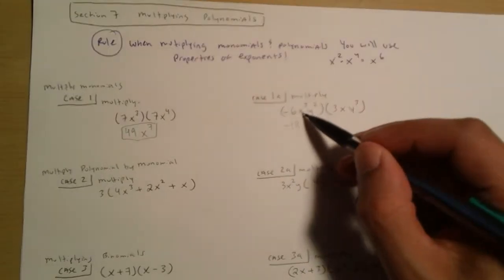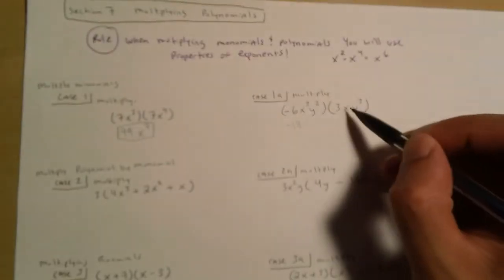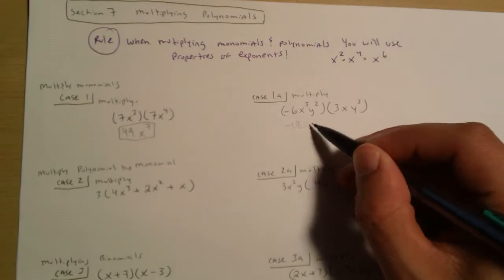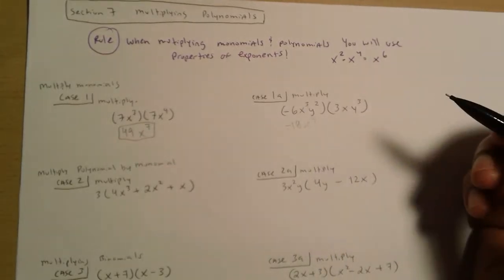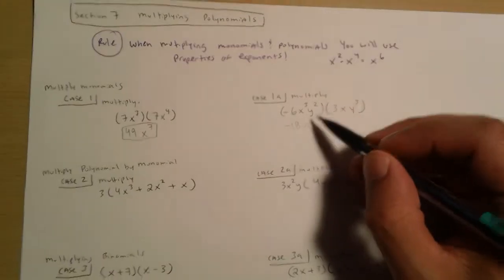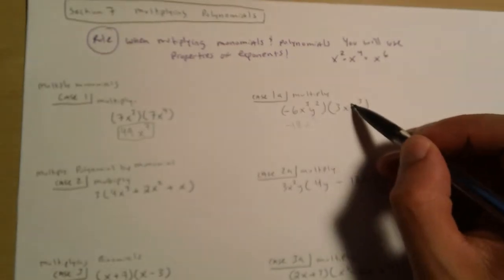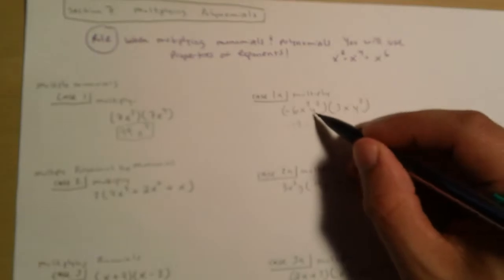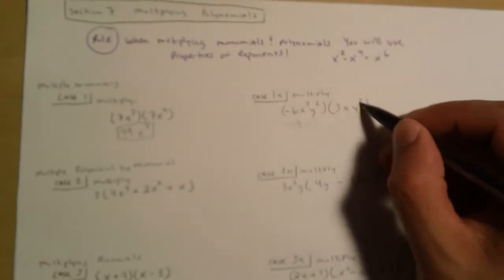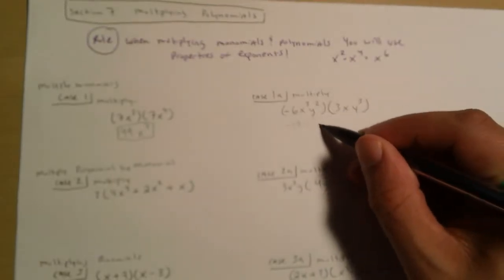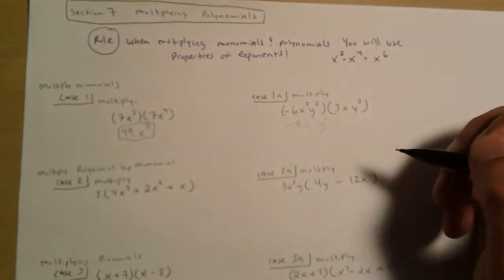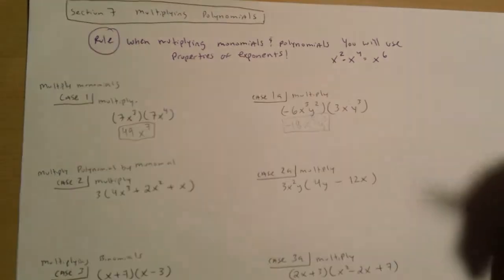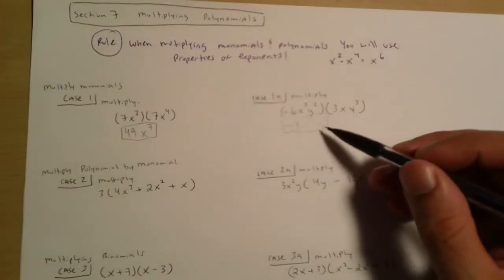Then x cubed times x to the 1st power, we add the exponents to get x to the 4th power. Do you see how I got that? Next we have y squared times y cubed, so in the end, y to the 5th power. And this will be it. Is it pretty straightforward?